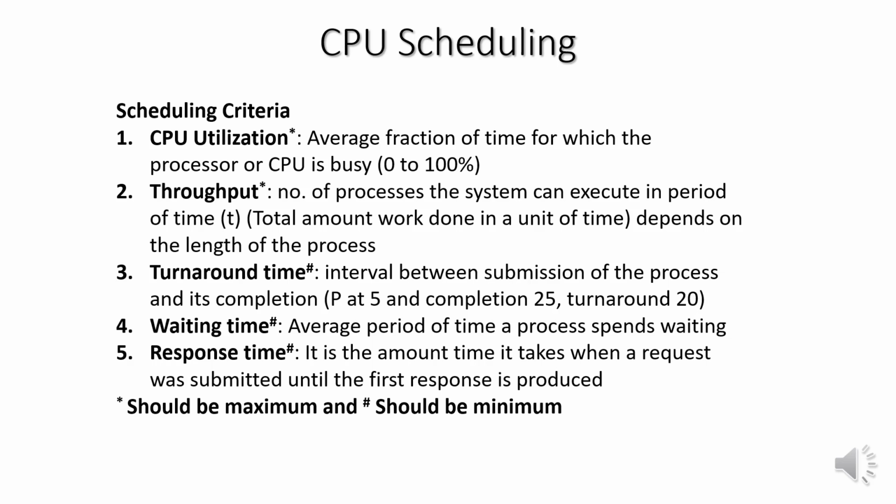And the last criteria is response time. It is the amount of time it takes when a request was submitted until the first response is produced. Now, if you see, the criteria 1 and 2 should be maximum, and the third, fourth and fifth should be minimum.